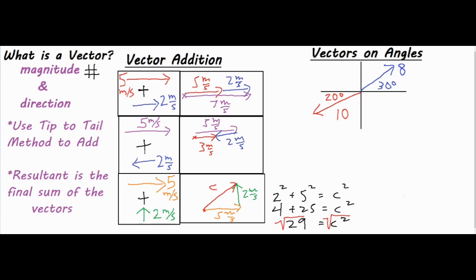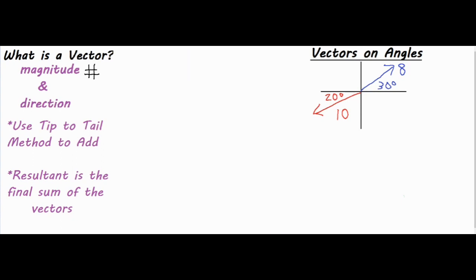Okay, so that is our final version of it. And then a more complex version that you would use in math or physics is having angled components and combining angled components with either straight vertical or horizontal components. So what I'm going to do is I'm going to show you how to break down both of these angled vectors and how to combine them to get a final solution as far as how long the vector is, and then also which direction it's pointing.